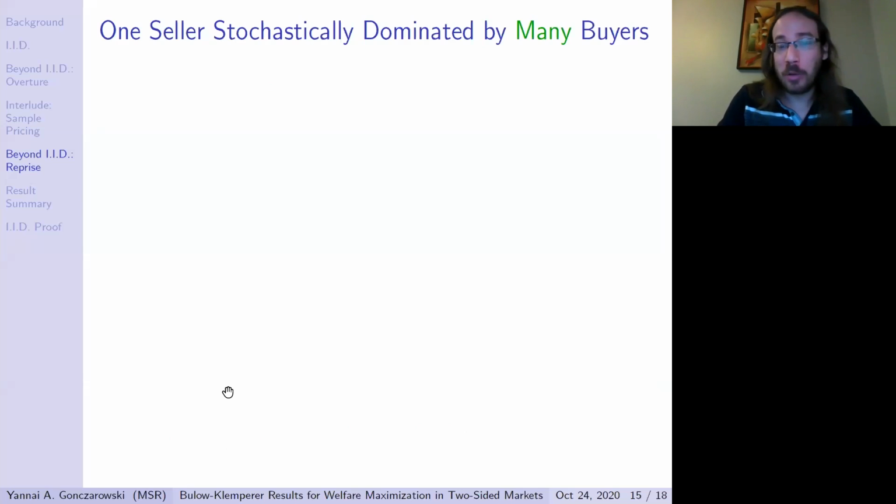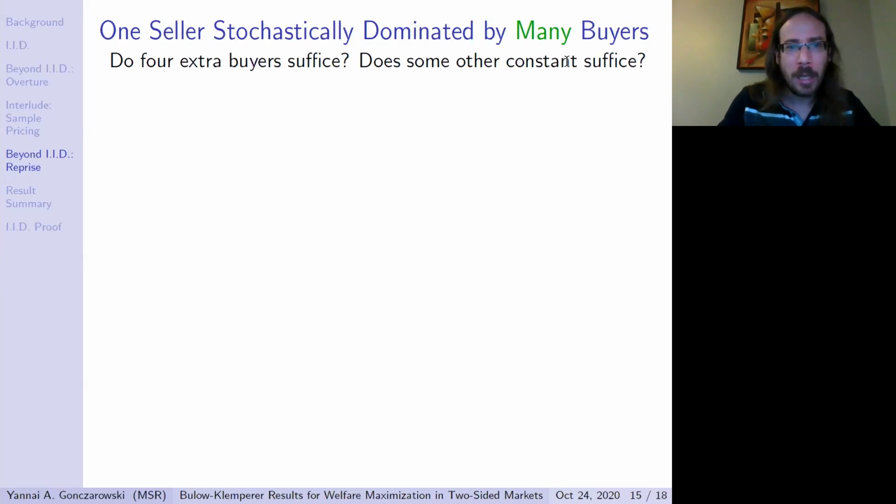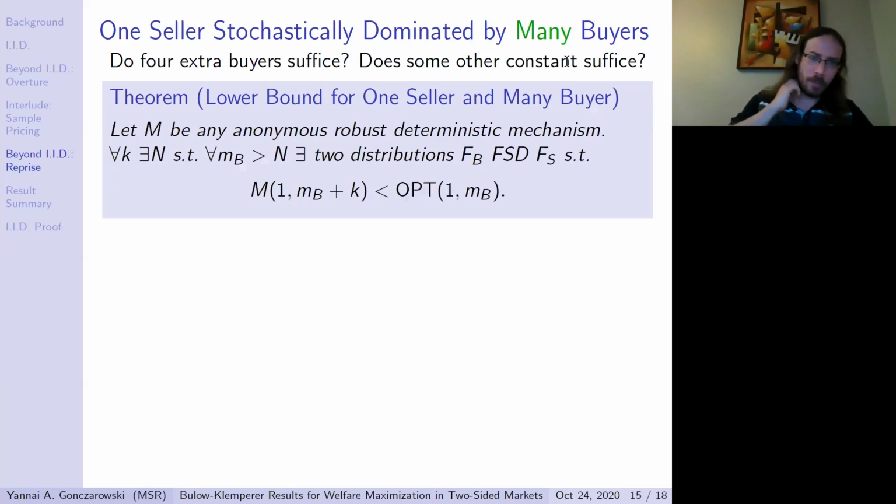Okay, so what about many buyers? We're now still one seller, but have many buyers instead of one. Do 4 extra buyers still suffice? Maybe some other constant. In this case, we do have a more negative result. Let M be again any anonymous robust deterministic mechanism. We're going to have stochastic dominance.